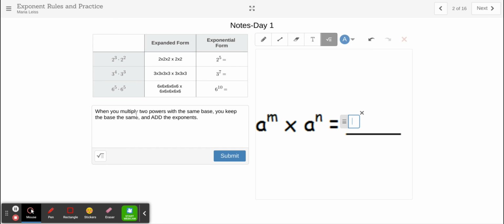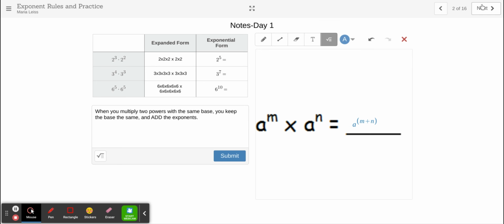The rule says keep the base the same, so my base is an A. And add the exponents. To get the exponent, I'm going to hold the shift button down and hit the 6. When I hold the shift and hit the 6, it moves my cursor up. I'm going to open parentheses, and it says add the exponents. Well, my exponents are m and n. So m plus n. Now I have written this rule.